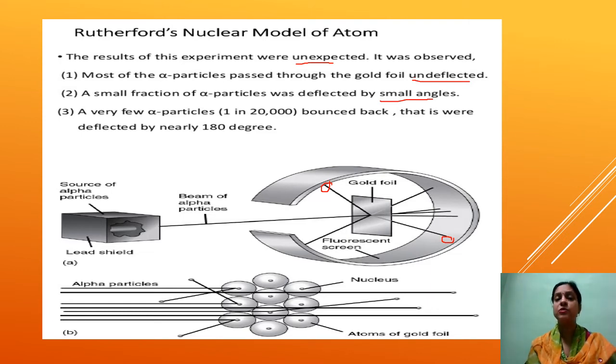Very few, that is 1 in 20,000 alpha particles, bounced back, deflected nearly by 180 degrees. बिल्कुल 180 डिग्री पे वापस चली गई. ठीक है. So that happens with alpha particles.